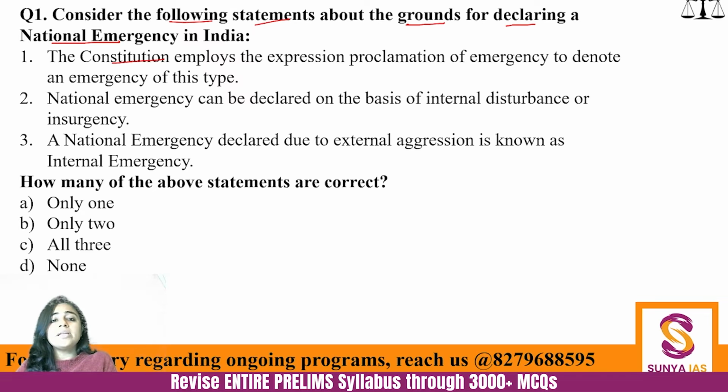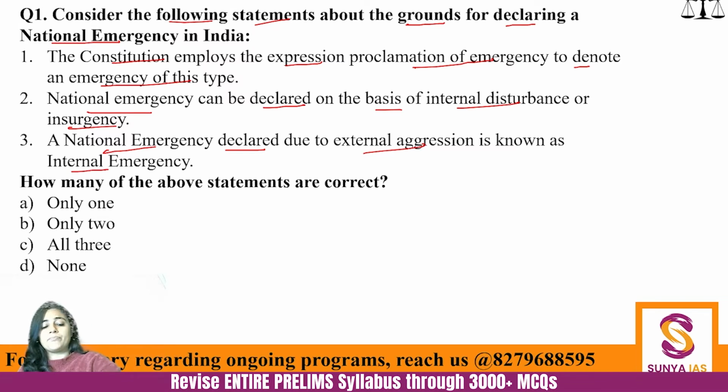The Constitution employs the expression proclamation of emergency to denote an emergency of this type. National emergency can be declared on the basis of internal disturbance or insurgency. And a national emergency declared due to external aggression is known as internal emergency.